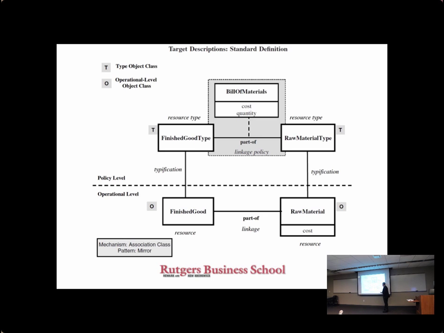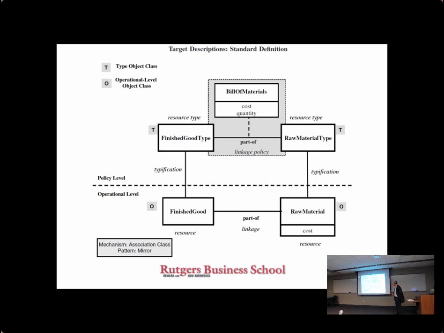Okay? And this is, by the way, pretty much every manufacturing enterprise needs this. So they need this description. This is basically your policy of what that particular final product, finished product is. Okay? And so this is the type of finished products. So for example, a kitchen table, right?